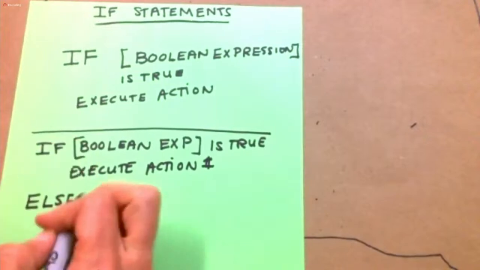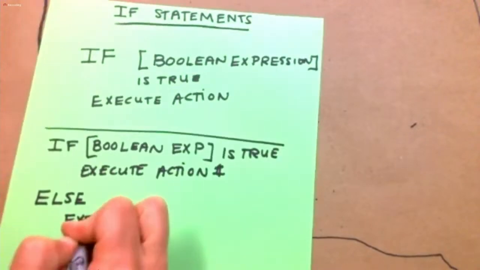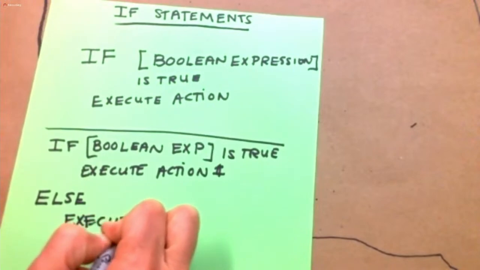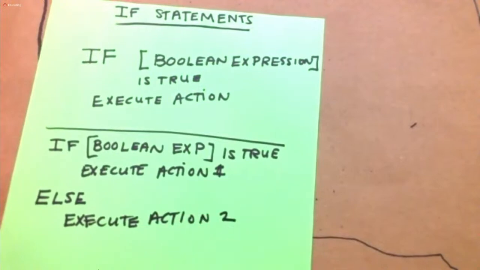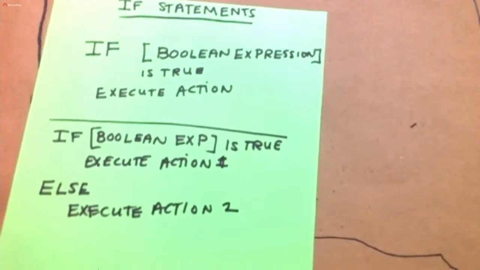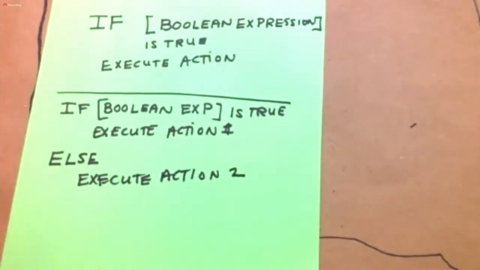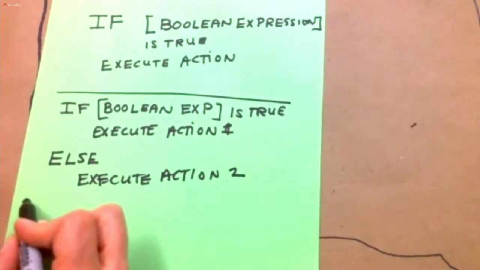So else, execute action 2. So if the light is green, go. Else, stop. I told you what to do if the light was not green. That's the second simplest if statement.